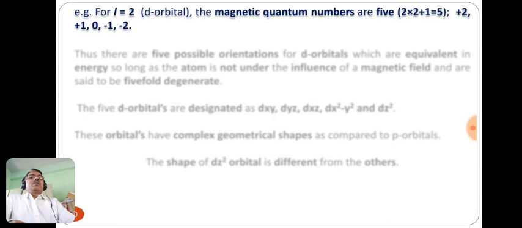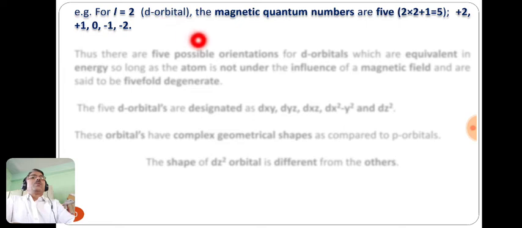Now consider the second example. When the azimuthal quantum number L equals 2, it is the d orbital, and there are 5 magnetic quantum numbers. The rule to calculate the number of magnetic quantum numbers for each value of azimuthal quantum number is 2L plus 1.